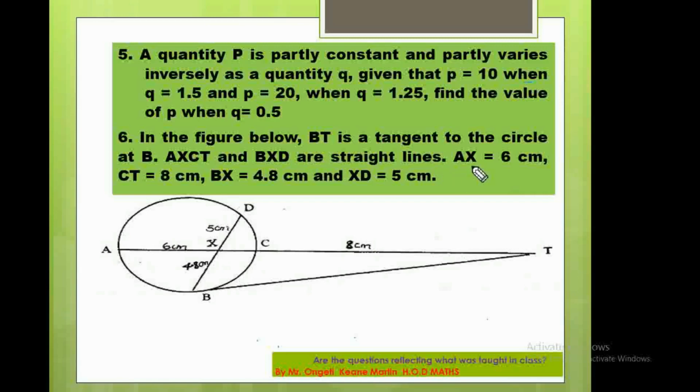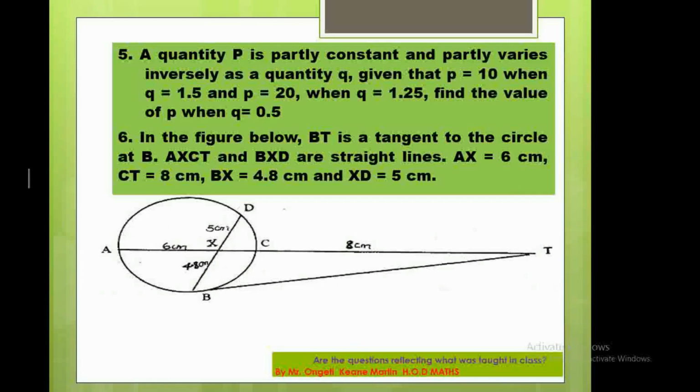Okay, then AX is 6 centimeters, and then we have CT, which is also 8 centimeters. You can see CT is 8 centimeters. Then we have BX, which is 4.8 centimeters, and lastly we have XD, which is 5 centimeters.